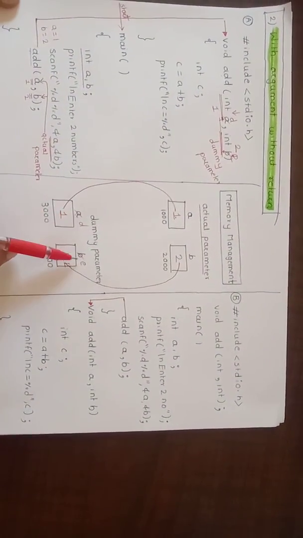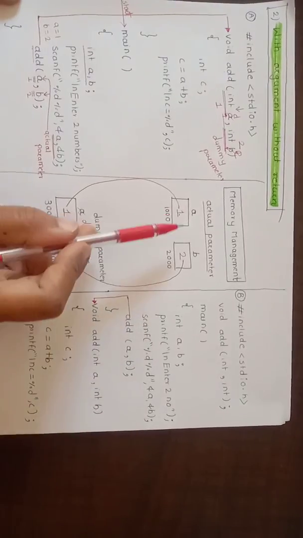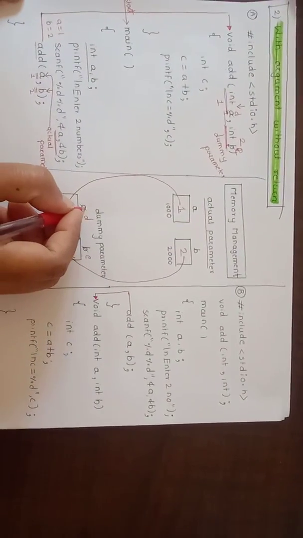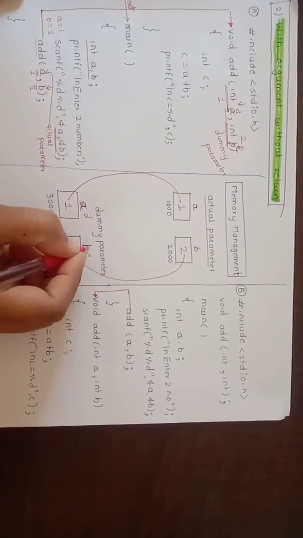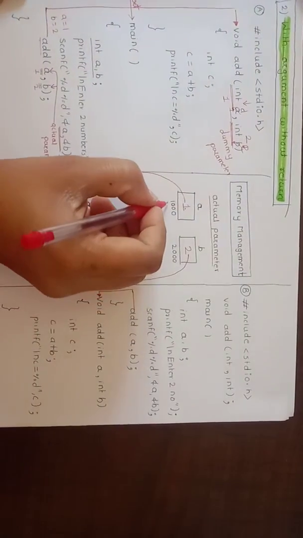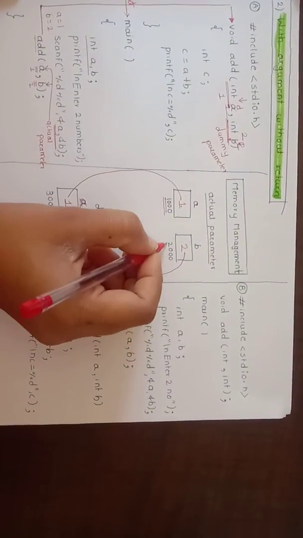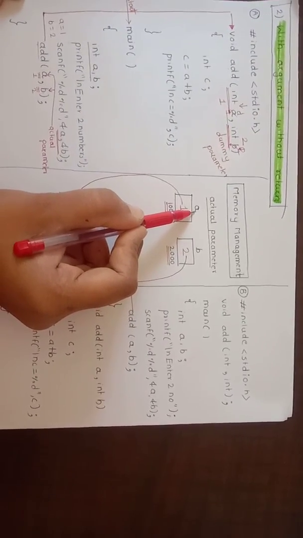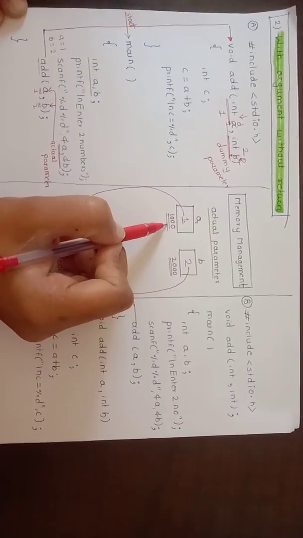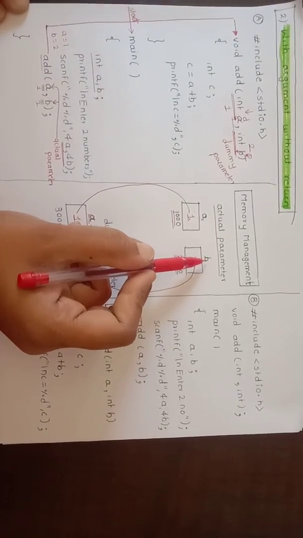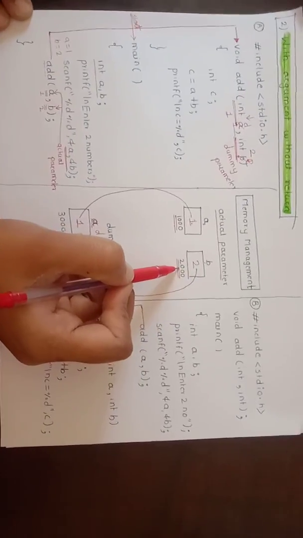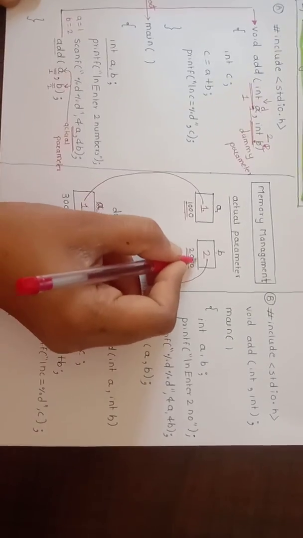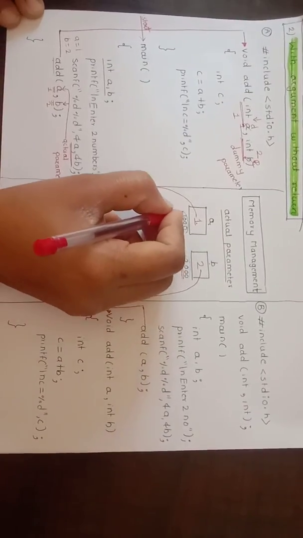This is perfectly okay. If I keep the same names a and b, and you concentrate on the memory, the memory assigned for the actual parameter a is 1000. Memory assigned for the b parameter is 2000.